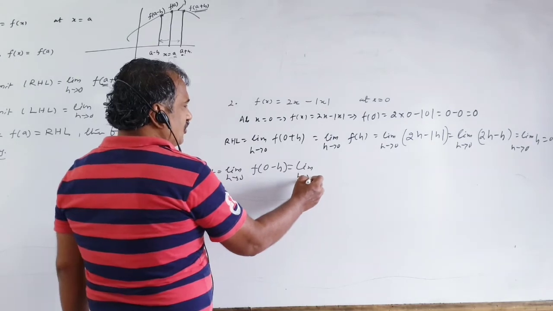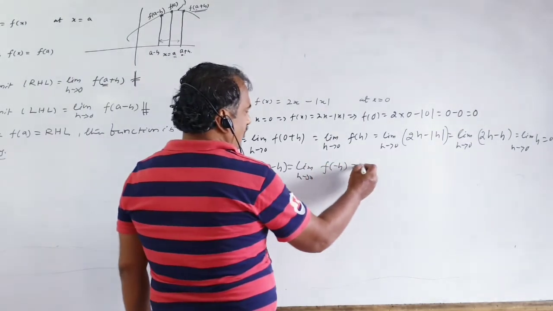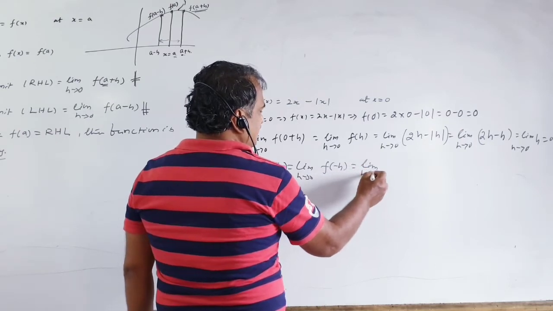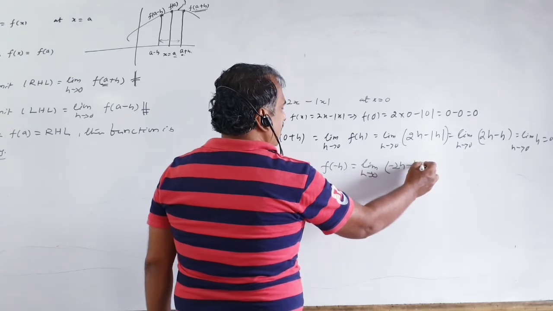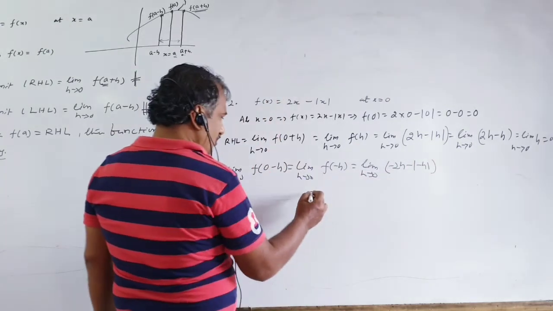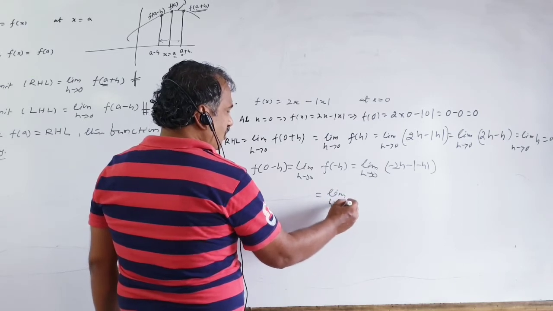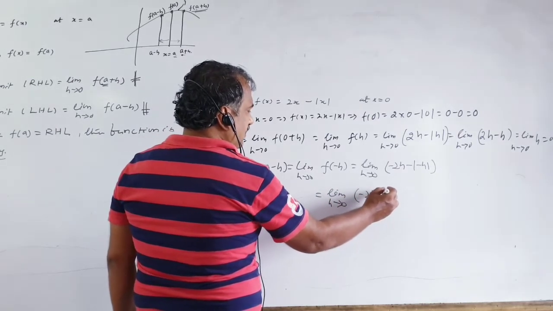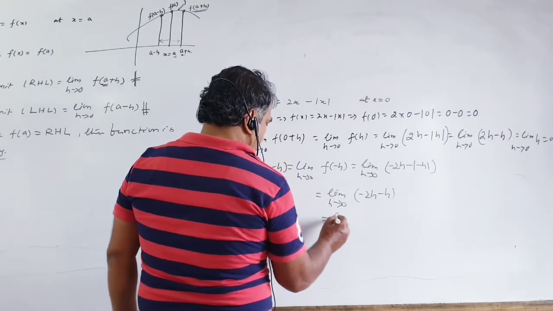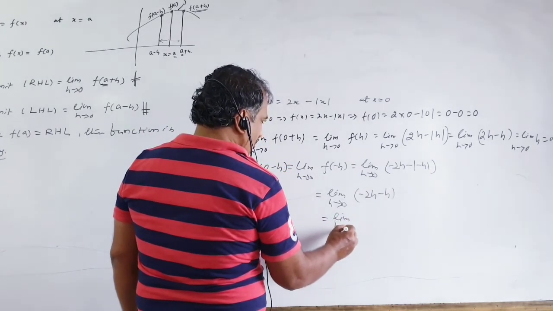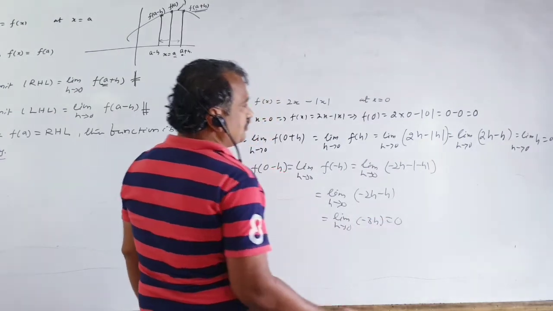Now 2 into minus h, or you can write limit x tends to 0 of minus 2h minus h, which is minus 3h, equal to 0.